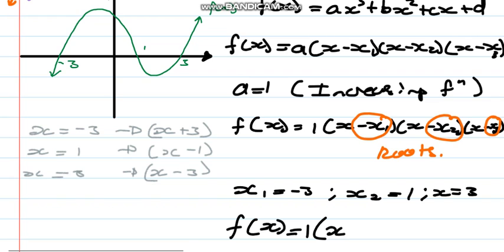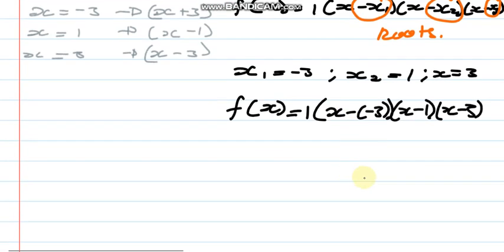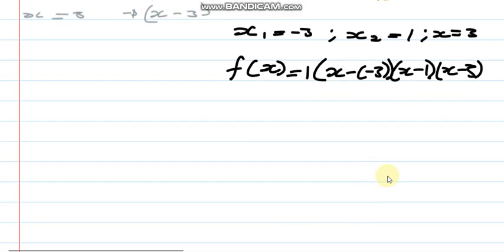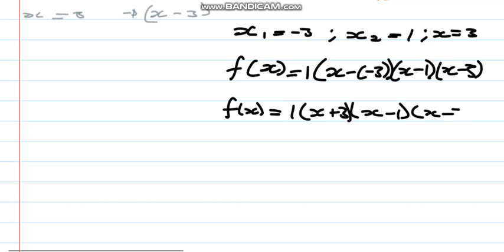So this is going to be x minus minus 3, then x minus 1, and x minus 3. Going down, f of x is equal to 1(x plus 3)(x minus 1)(x minus 3).